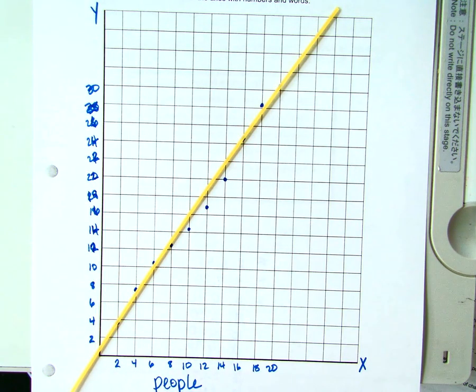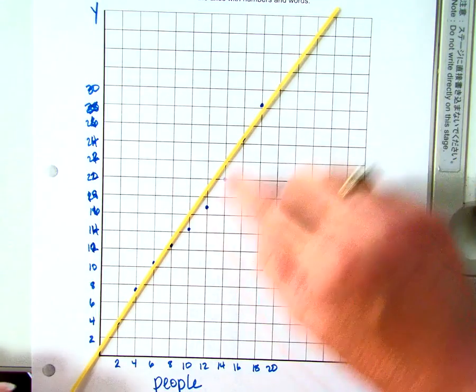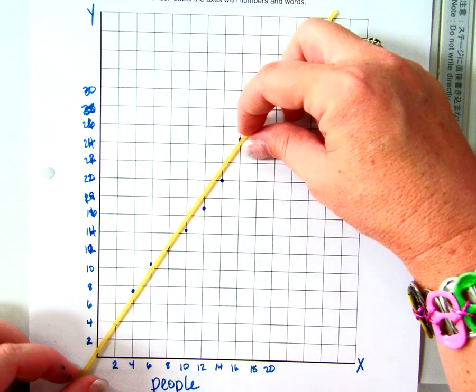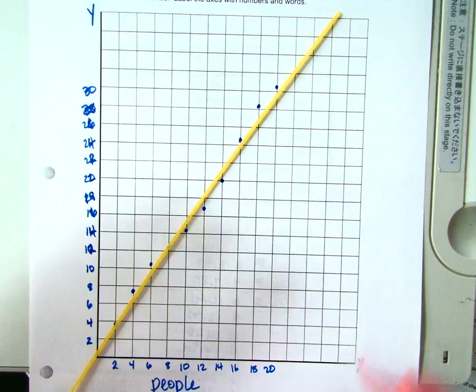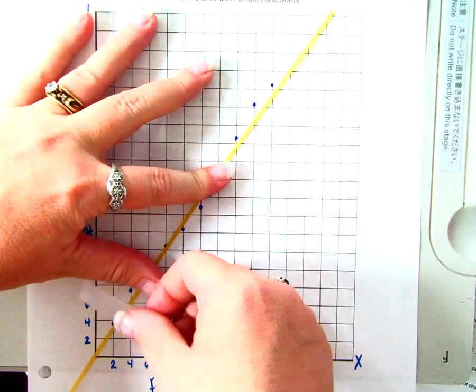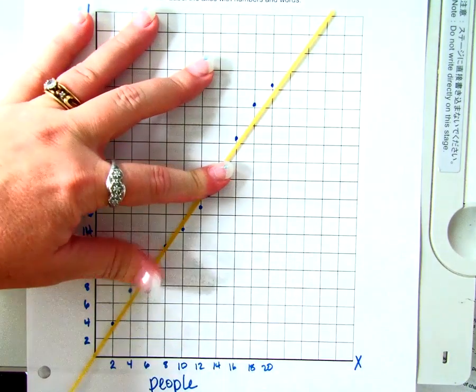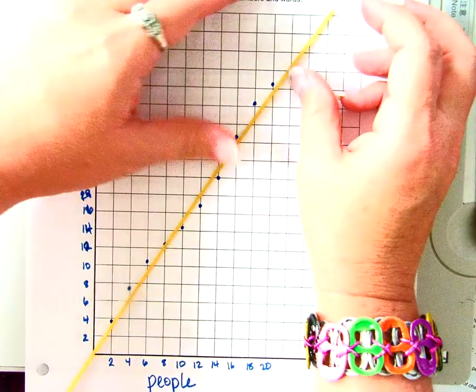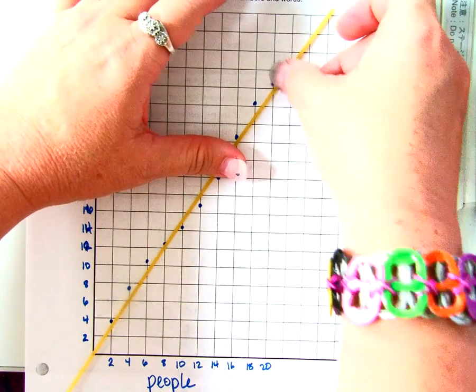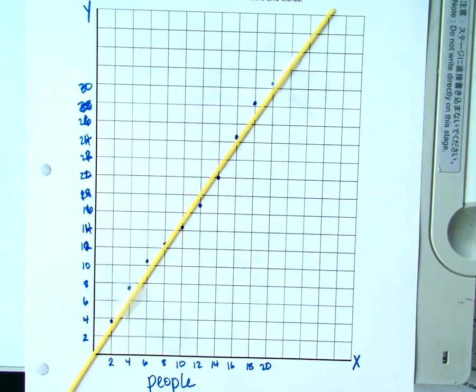Mine's probably a little bit too high because of these dots right down here. So maybe like that, a little better. And then I'm going to take some tape and tape down my mathematical device. Again, without eating it. Okay? Alright, I'm going to bring you a mathematical device.